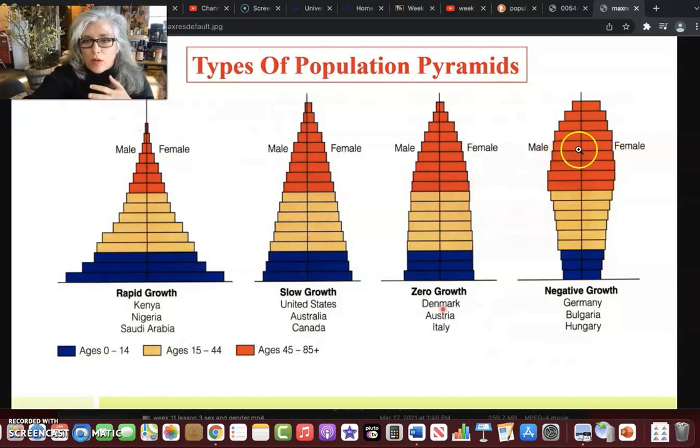Right? So there were lots of babies here, and those people had fewer and fewer babies as they approached childbearing years. And so now there's a negative growth because these people are getting older and dying off, and there will be fewer and fewer people to replace them in the future.